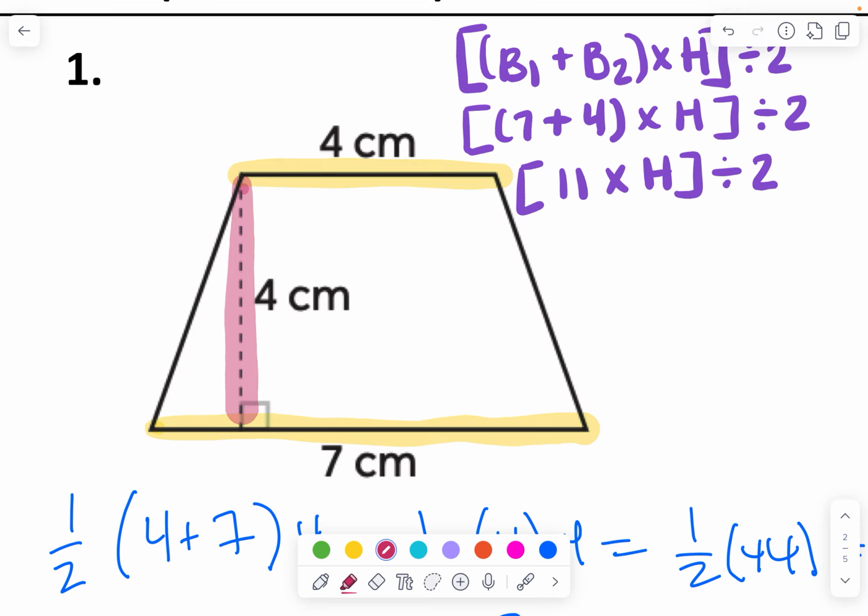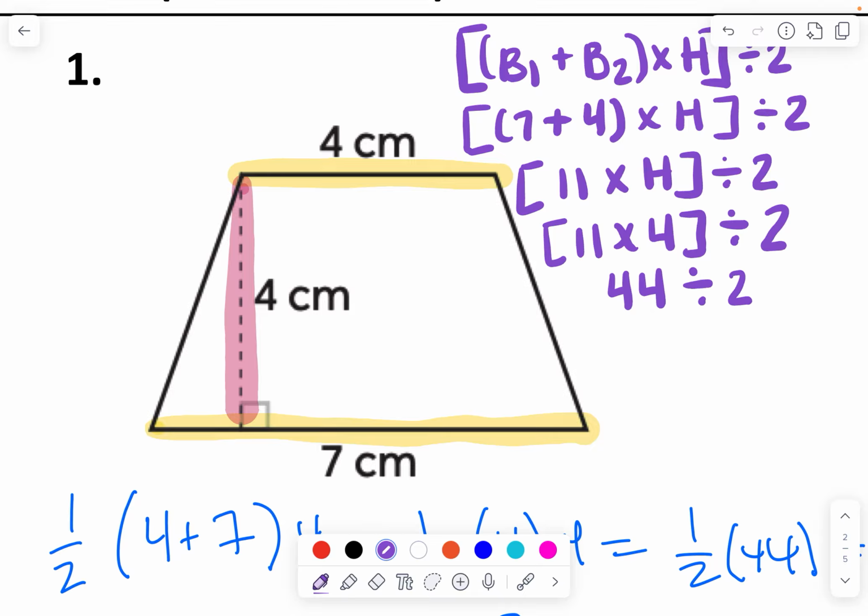Right here. Our height is also 4. So let's get to work. So we have here 11 times 4 divided by 2. 11 times 4 is 44 divided by 2 gives us 22.